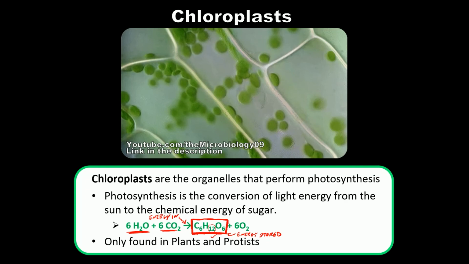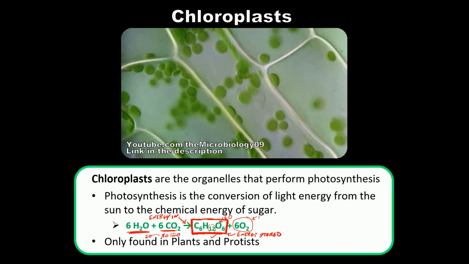And we have 6 times 1, so 6 oxygens, plus 6 times 2, so there's 18 oxygens here on the left-hand side. And we have 6 oxygens in the sugar. So we have 12 too many oxygens. What are we going to do? We need to pair them off together in order to make this equation make sense.